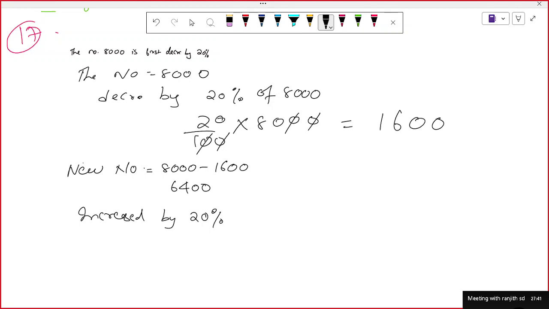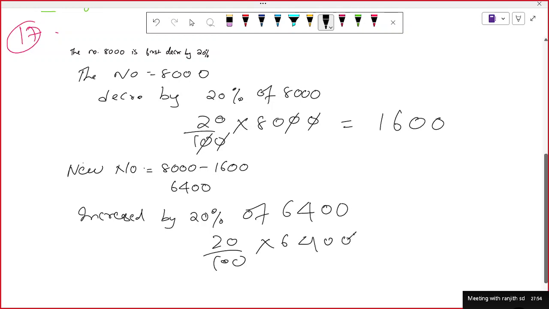You can write in your own sentence. Try to understand the concept. Write it in your own words. Increase by 20% of 6,400. So 20 divided by 100 into 6,400. Reduce this. 64 into 2 is 128, so 1,280.